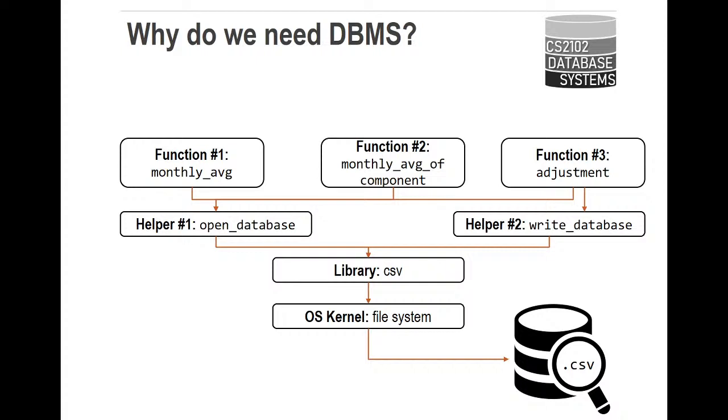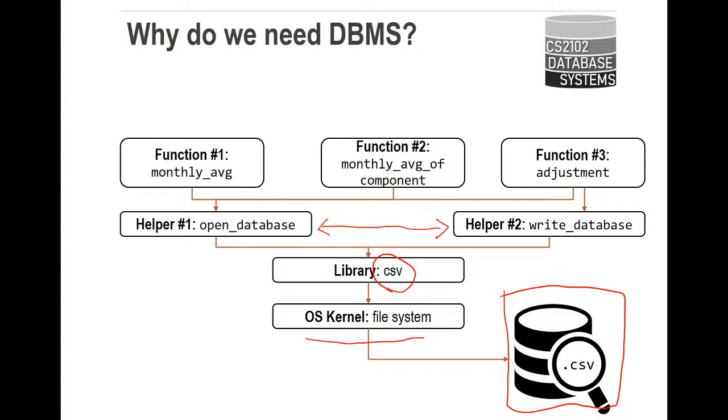If we look at how we are modifying that particular database, so in this case it's a CSV file, the kernel needs to have a proper file system. The Python gave us a library called CSV. This is from the import CSV. I gave you a helper, but if I don't give you these two, you will need to write them on your own, how to open the particular database and how to write this database.